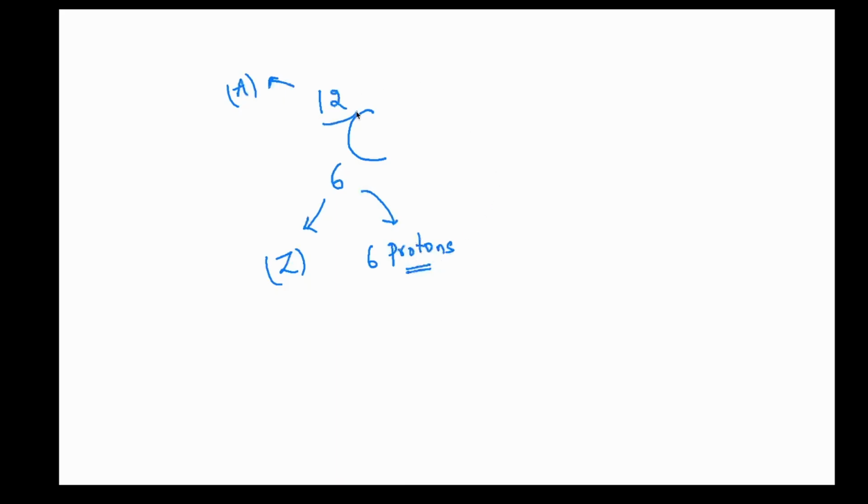Now this one is the mass number. Mass number is equal to the total number of protons plus neutrons. So mass number is 12. We know that it has 6 protons, and this also has 6 neutrons.